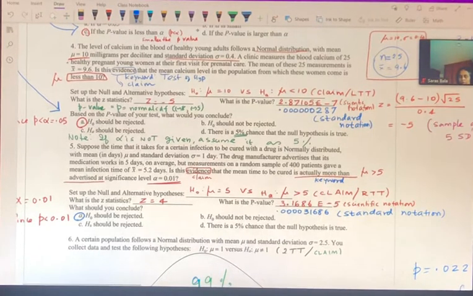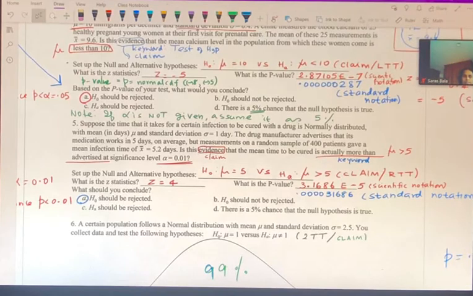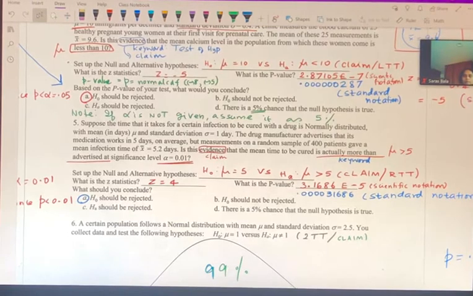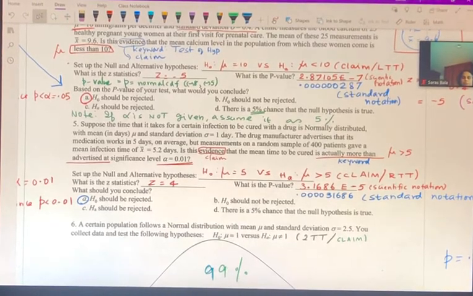And here you are given alpha is equal to 0.01. So if it is specified in the problem, we are going to be comparing our p-value with the alpha and we are going to write the conclusion. Okay? So again, your z-score is a huge number, right?